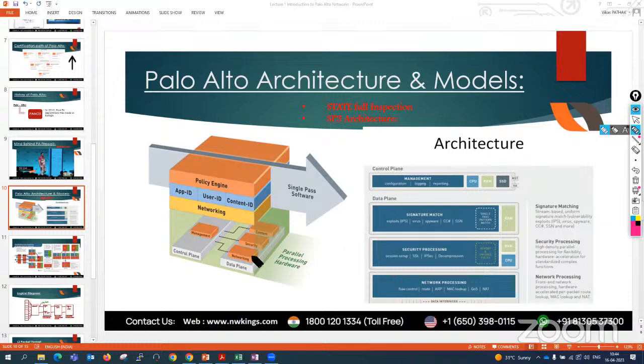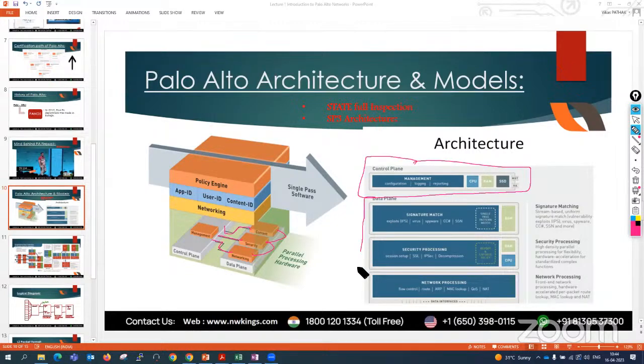Okay. Can you see this diagram? Even from the management, we are getting the packet on all the processors, no? Content, security, and networking. Okay, sir. But there is a slight difference between control plane and management plane, right? The control plane is just to manage the device.